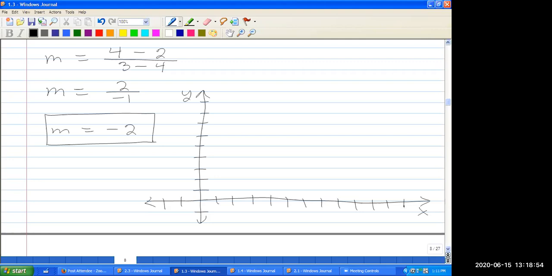So I have the points (4, 2) and (3, 4). Okay, so the line looks something like this.